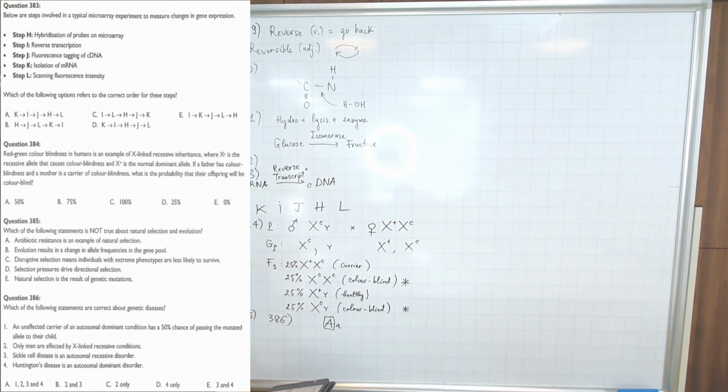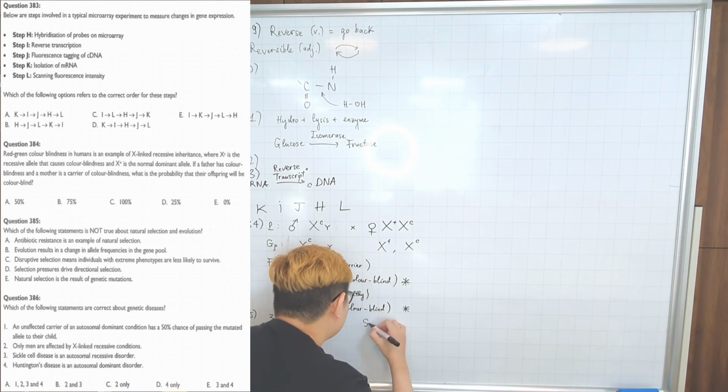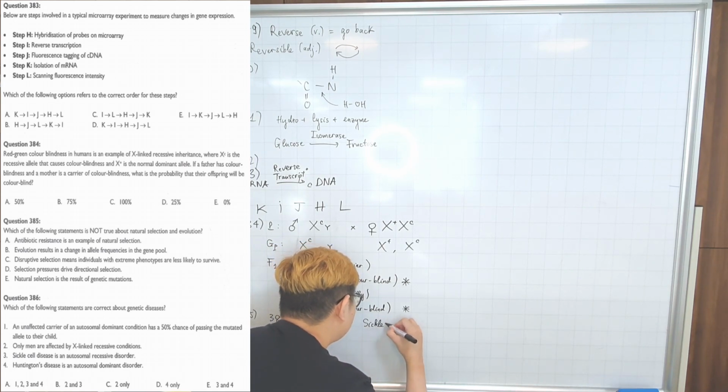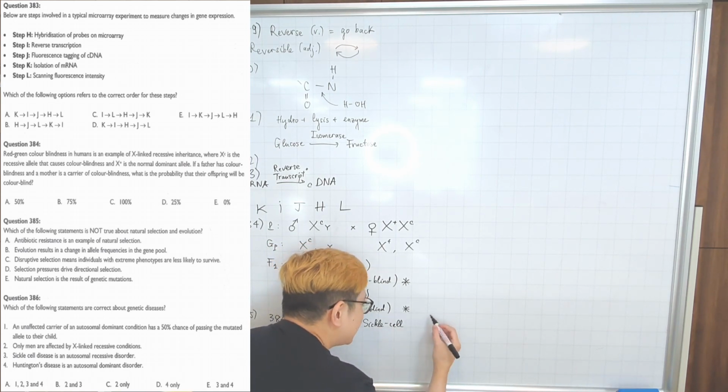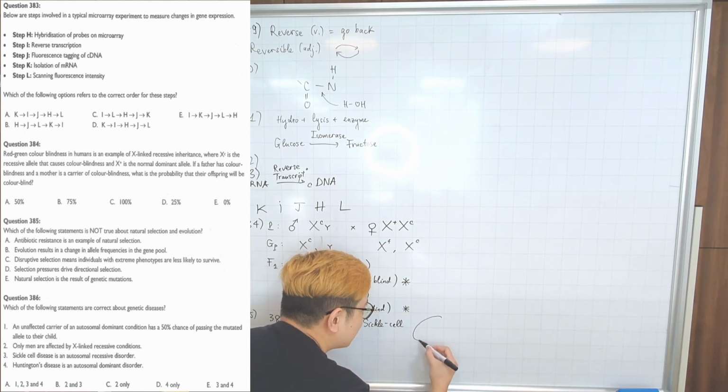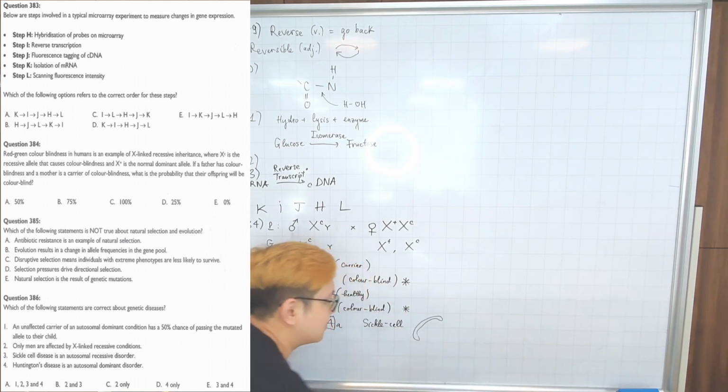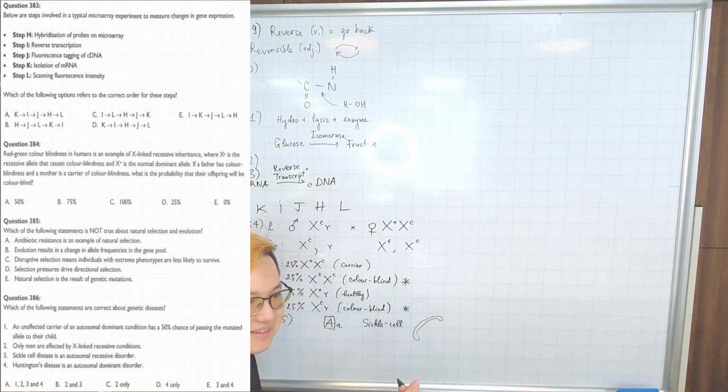Number 3, sickle cell disease, bệnh thiếu máu hồng cầu hình liềm. So basically, their red blood cells will look like this, like a sickle, những cái liềm đó.